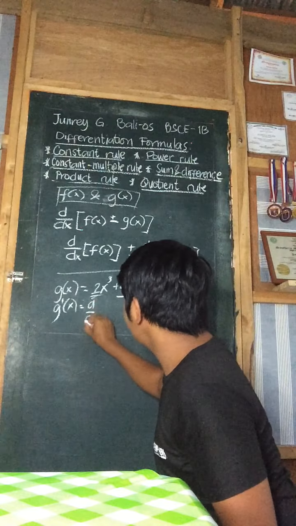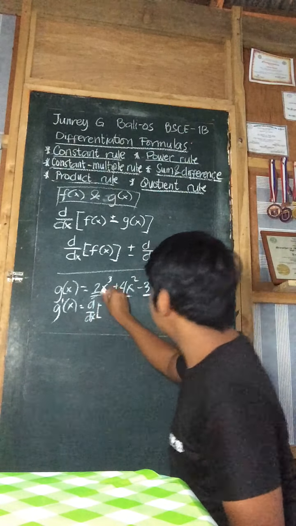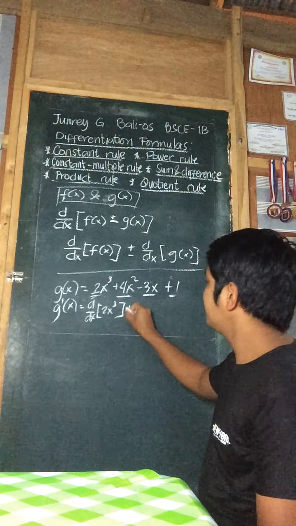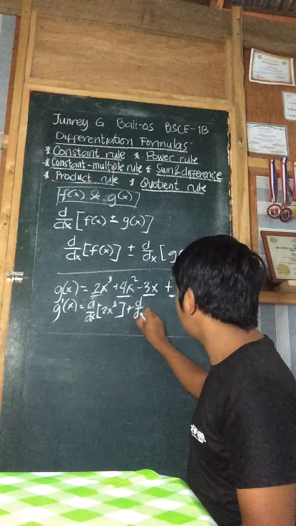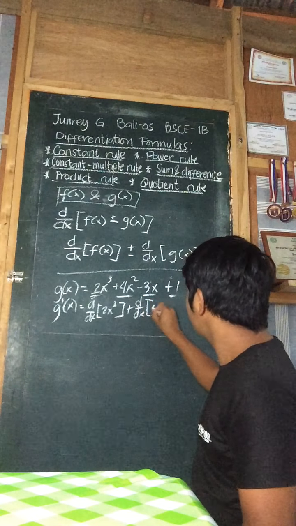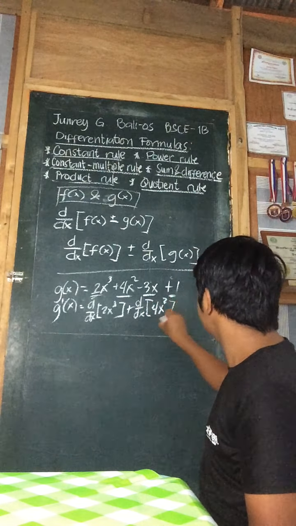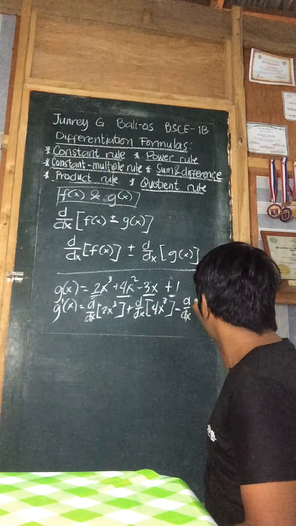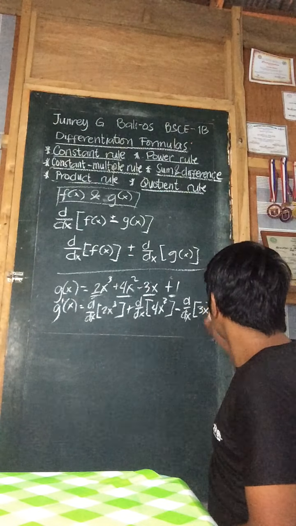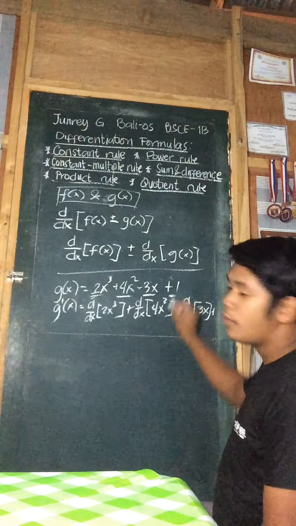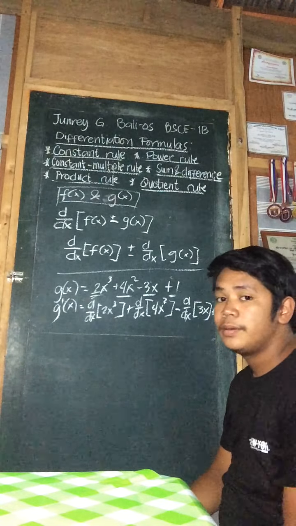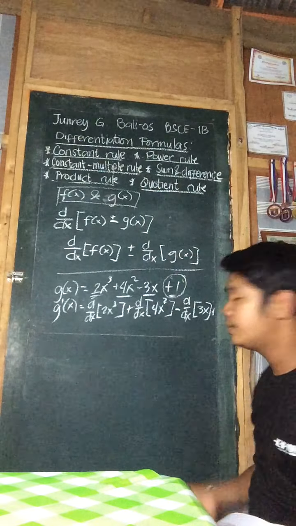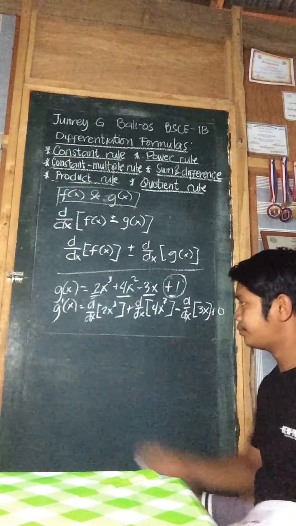So d over dx of 2x cubed plus the derivative of 4x squared, then minus the derivative of 3x plus 1, which is magiging 0 because this is constant. The constant rule. Magiging 0 na yan.